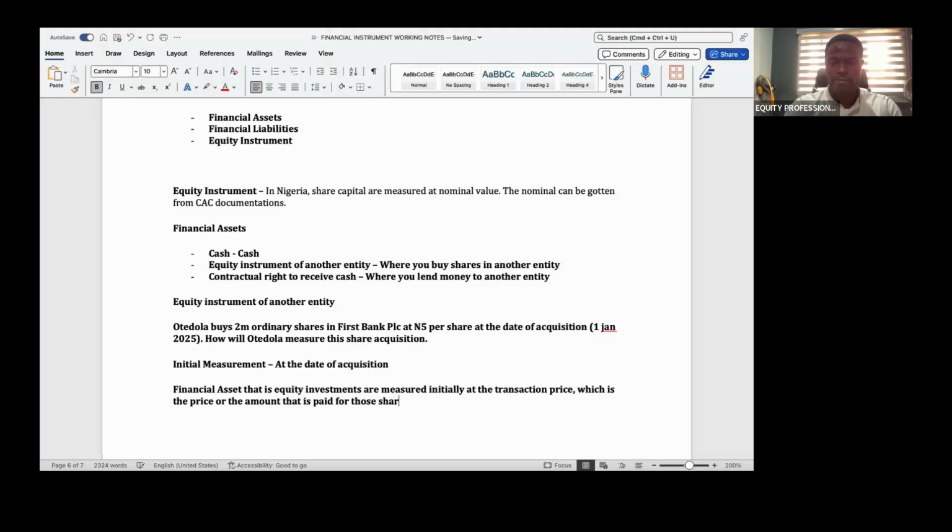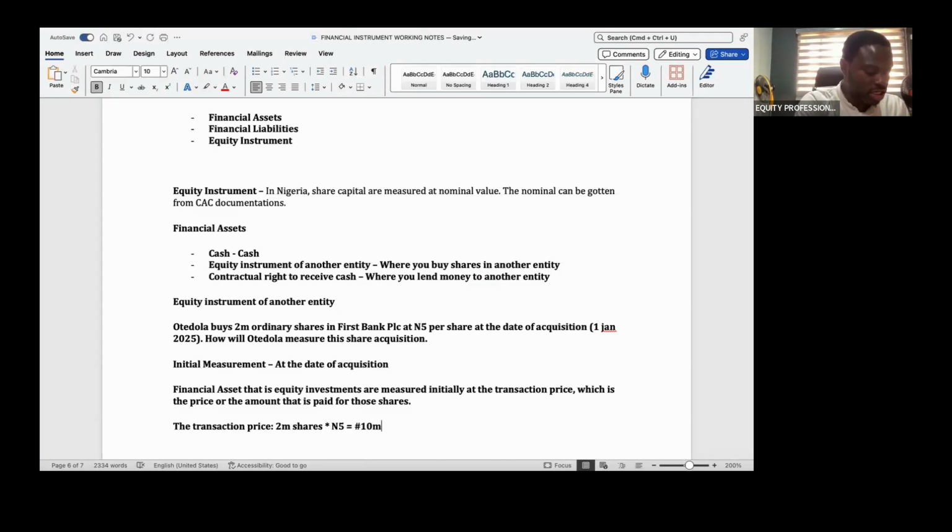For those what? Shares. In this question, the transaction price is the 2 million shares multiplied by what? 5 naira per share. That means we are going to recognize this at how much? At 10 million naira.